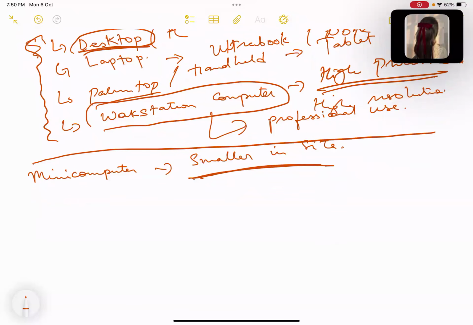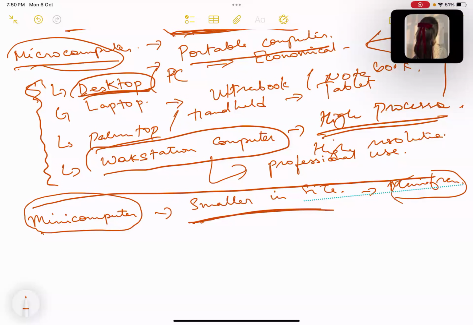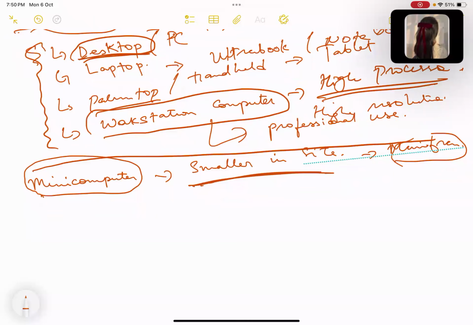We are comparing it with the mainframe, okay? Compared to the microcomputers, these are larger in size. Mini computers are larger than microcomputers, but smaller than the mainframe, okay? So we are just talking in a comparative sense. We shouldn't think that mini computers are small computers. It is actually a large computer, bigger than our PCs and all.